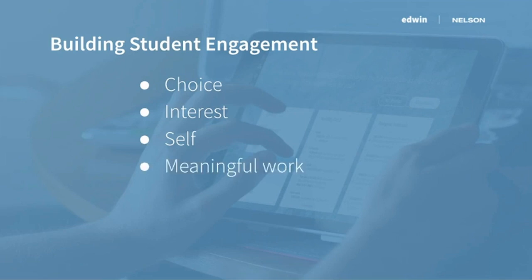Another factor that builds student engagement, meaningful work, which means providing activities that are personally meaningful and personally relevant. This is aligned with interest and self. Students will find work meaningful if they can connect it to their interests, their sense of self, and real life. And Edwin provides resources for you to design meaningful work.